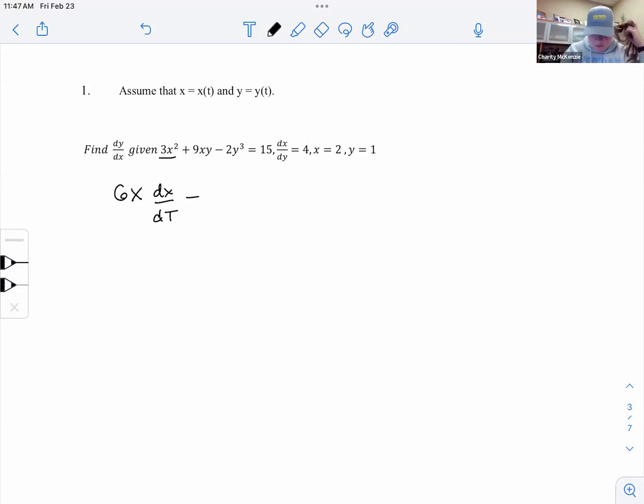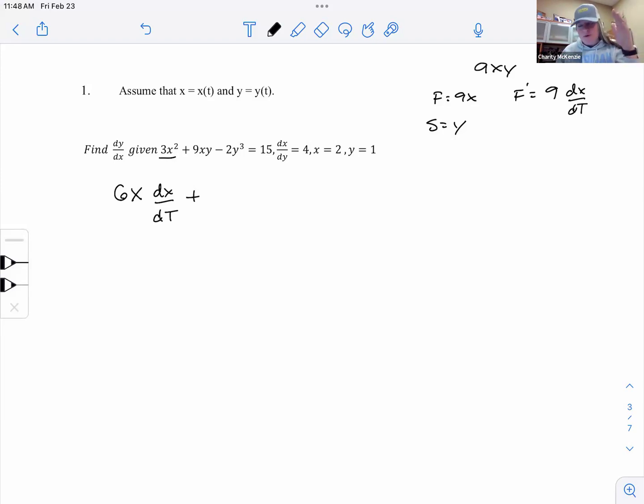Plus the next one is one that's going to need a product rule. So I'm going to write it over here. We know our first term is 9x. Our second term is just y. So the derivative of 9x is 9. But what do we have to put next to it once we've taken a derivative of an x? dx/dt. I'm going to use a capital T because otherwise it looks like a plus sign.